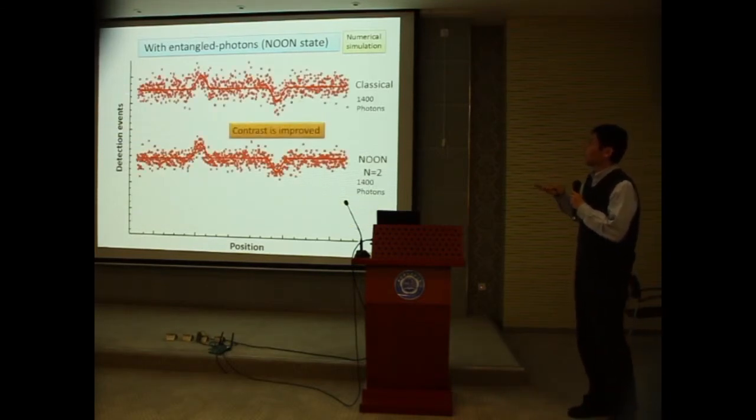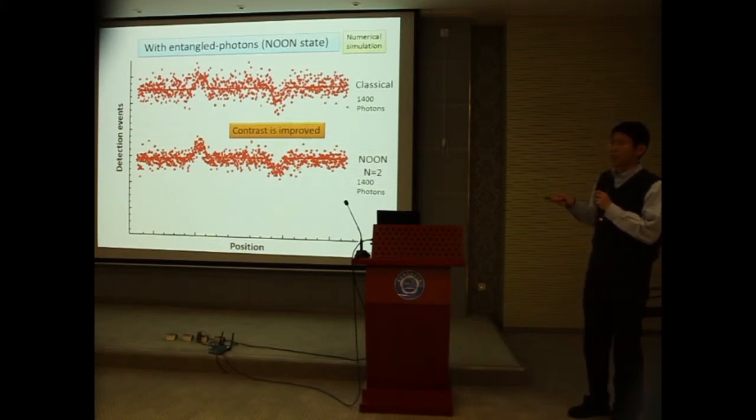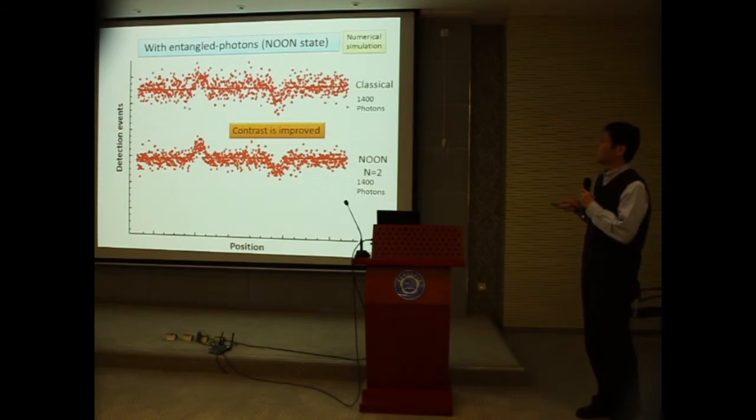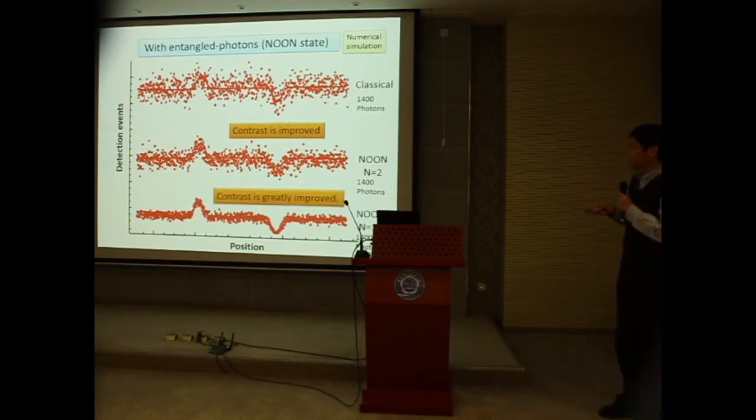Therefore, as you observe, the fluctuation in background is larger in the classical case. Therefore, SNR is worse than this entanglement microscope case. And in future, if we could have 10-photon NOON state or related quantum state of photons, contrast will be greatly improved, as shown here.